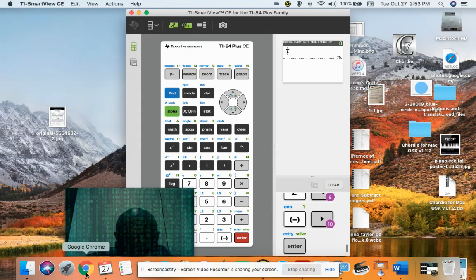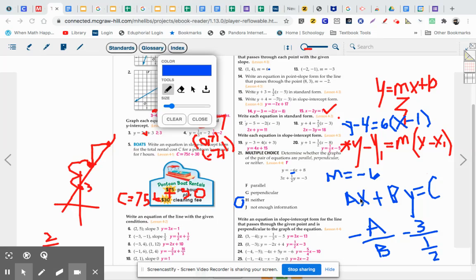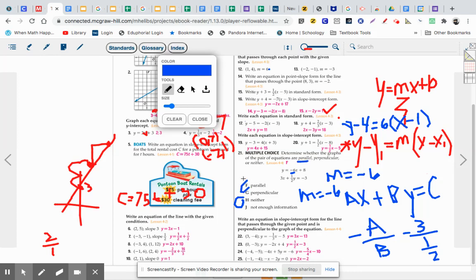Let me go back to this. If we have -6, that means these two slopes are the same. So the second equation has a slope that's equal to -6. Well, if the slopes are the same, that means they are parallel. So that supports this answer of F.